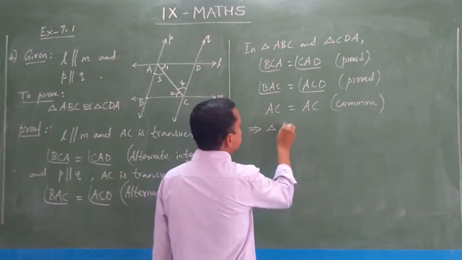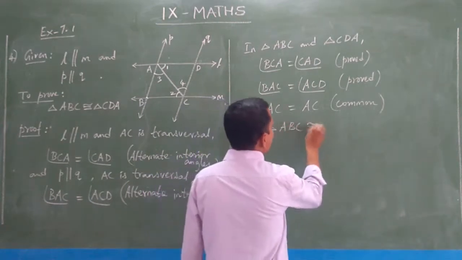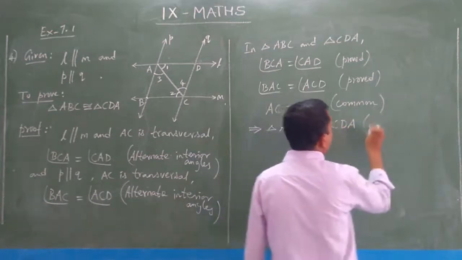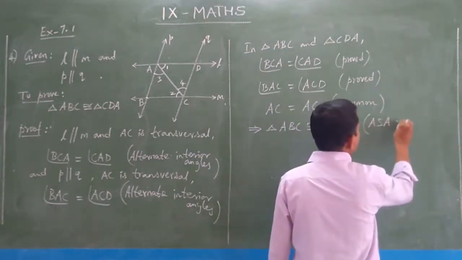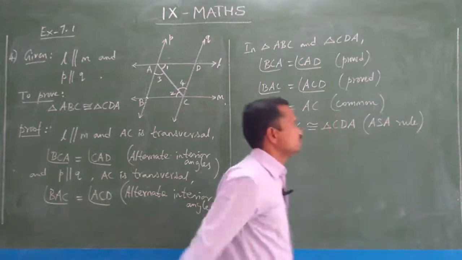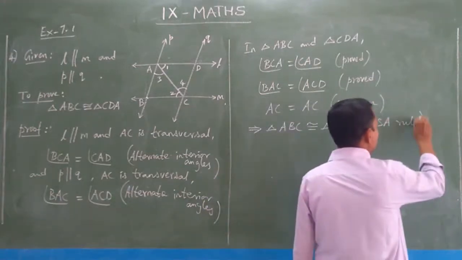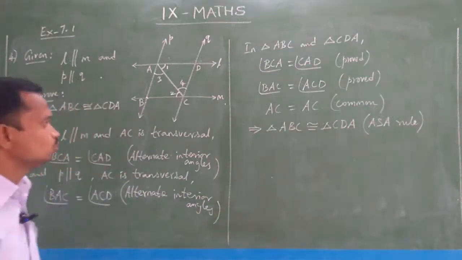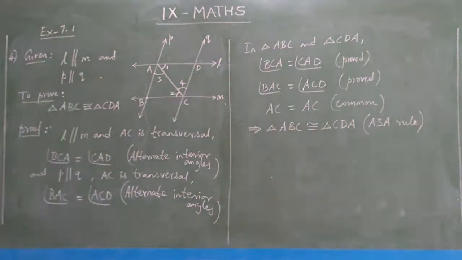You can say these two triangles are congruent by the ASA rule. Is it clear? So very easy. And move to the next one.